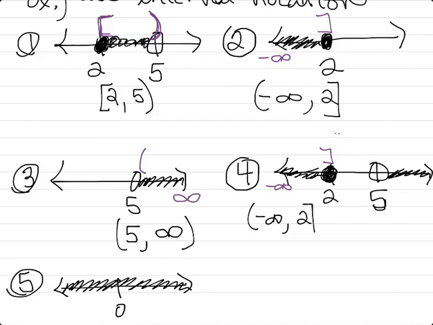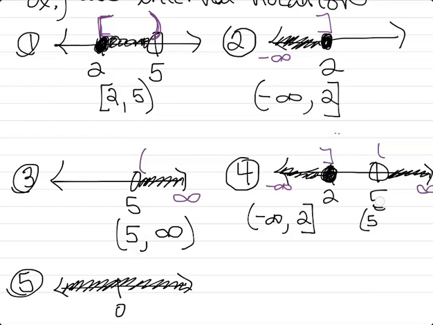So we're going to put a bracket on it, because we're no longer going to use those open and closed circles. We're going to use parentheses and brackets. Then I have another set of shading. I have one that starts at the 5. It has an open circle, so I'm going to use a parentheses. And it's going to the far right.